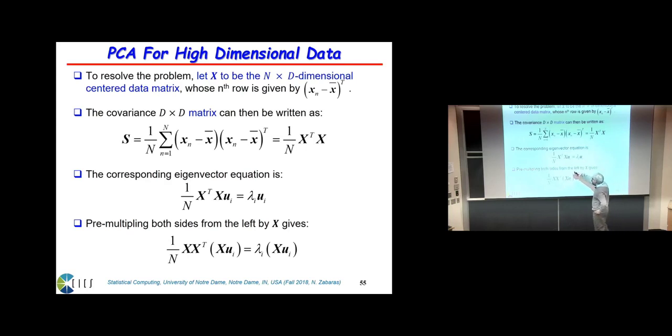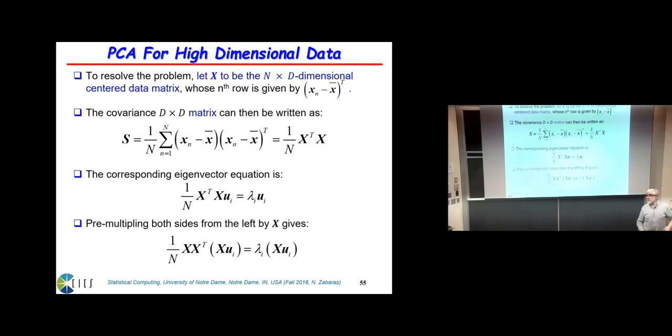Before, we had S u_i equals lambda_i u_i. As part of the trick, I'm going to multiply the left and the right side with X, so I get X X transpose X u_i, and combine those things together inside parentheses. When you look at this equation, what can you say about X u_i?